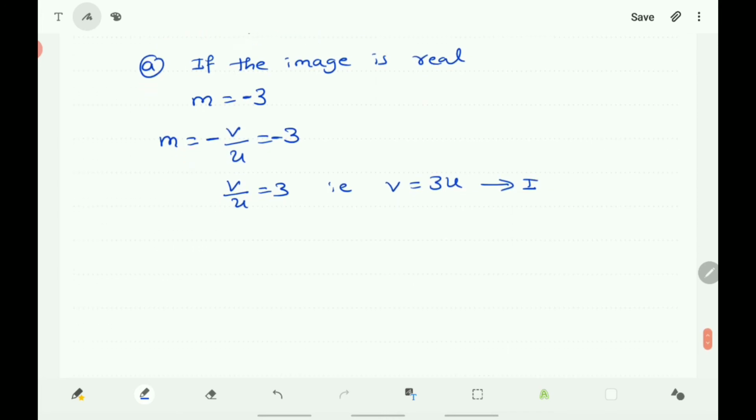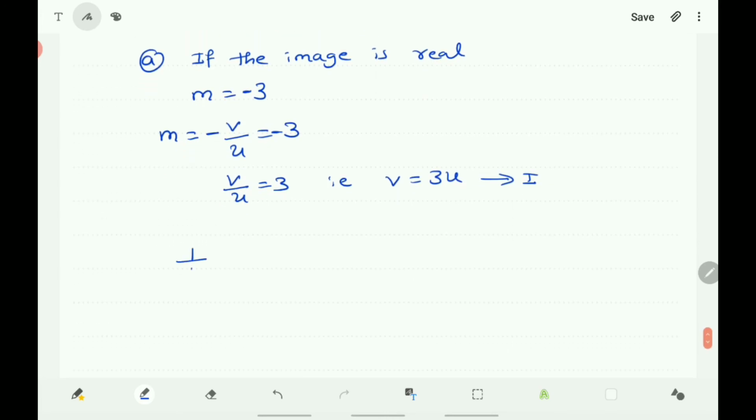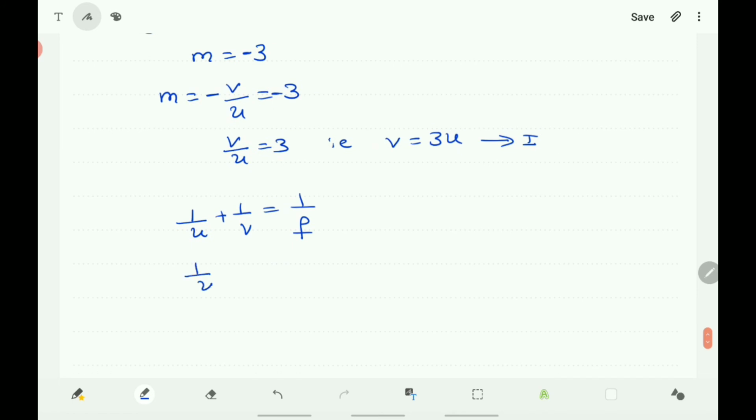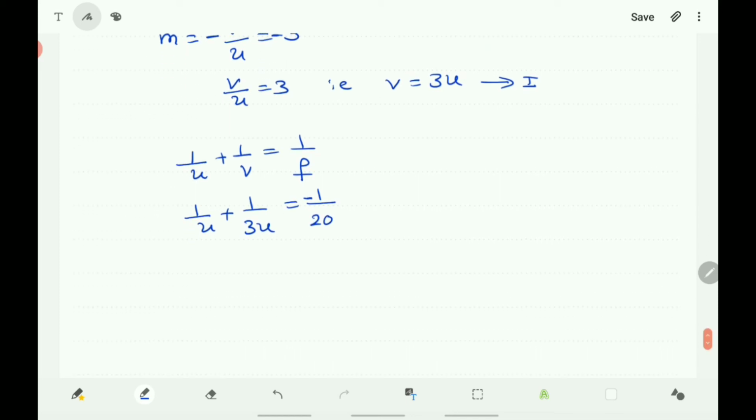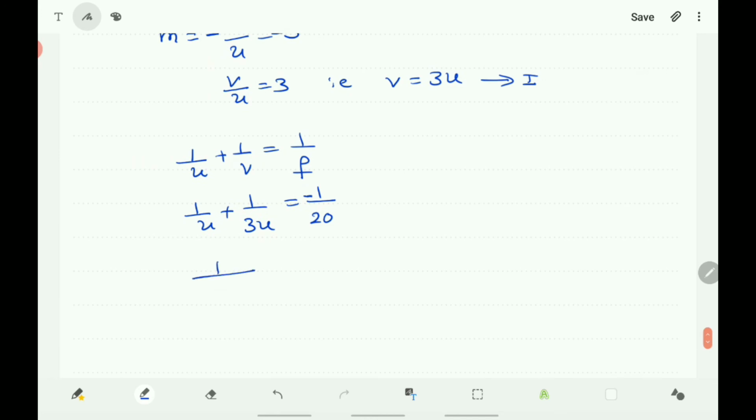Now you write the mirror formula, that is 1 by u plus 1 by v is equal to 1 by f. 1 by u plus 1 by v means 1 by u plus 1 by 3u is equal to 1 by minus 20, you can write it as minus 1 by 20. If you take the LCM here, the LCM becomes 3u, and u into 3 is 3u.